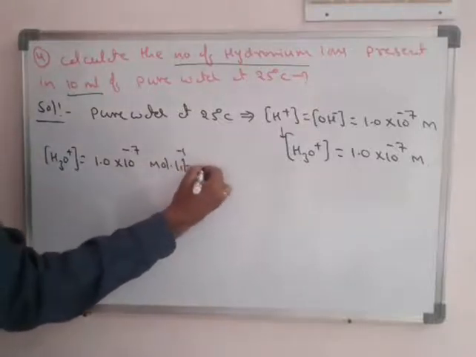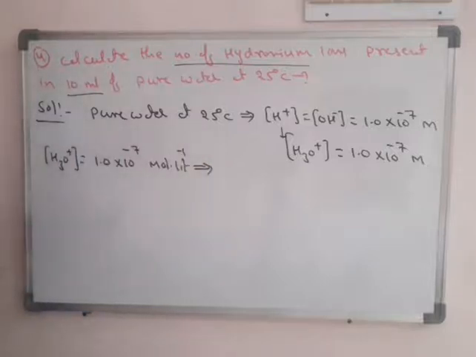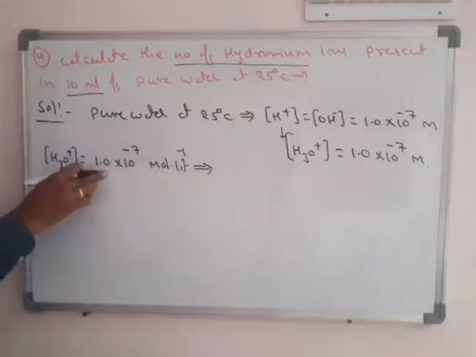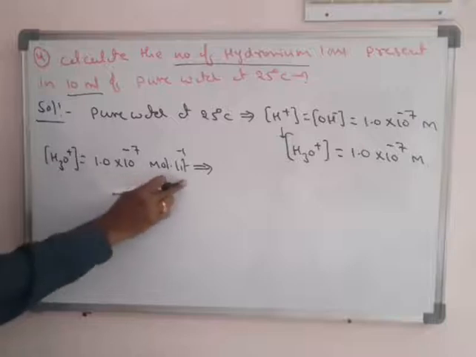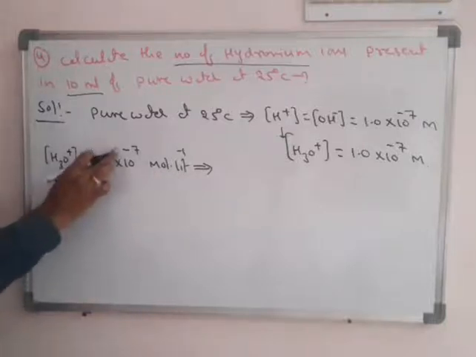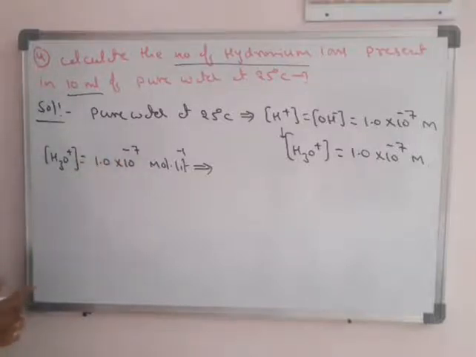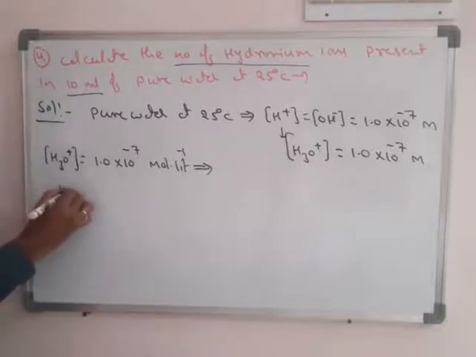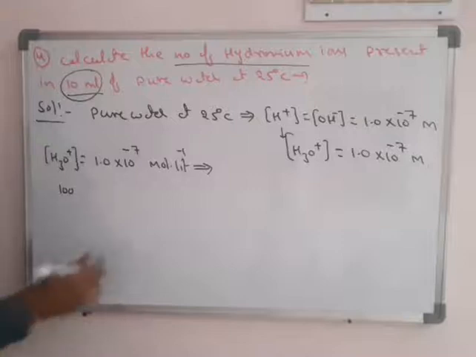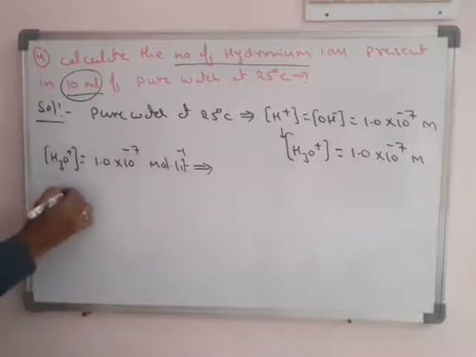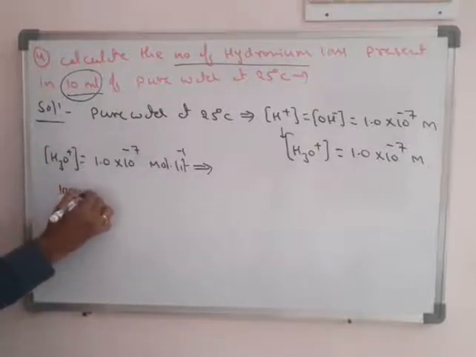So with the help of this statement, we can write with the help of this formulation, 1 liter having 1 mole of H3O plus ions. Moles per liter means 1 liter is having 1.0 into 10 to the power minus 7 moles of H plus. Okay. Means 1 liter, but it is given in terms of milliliter. So we have changed that liters into milliliters.